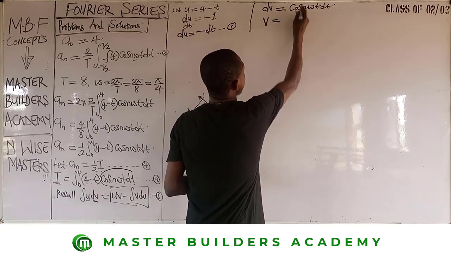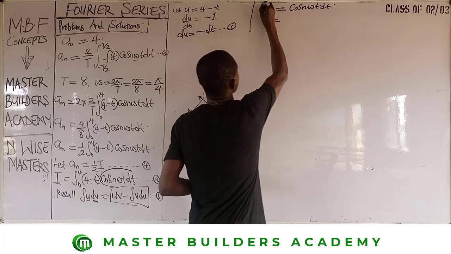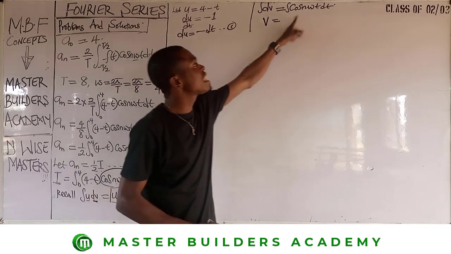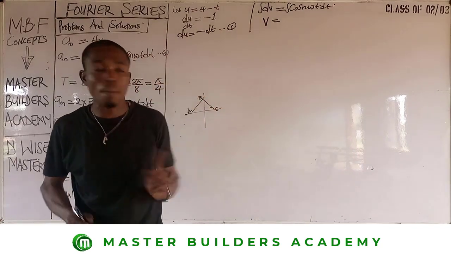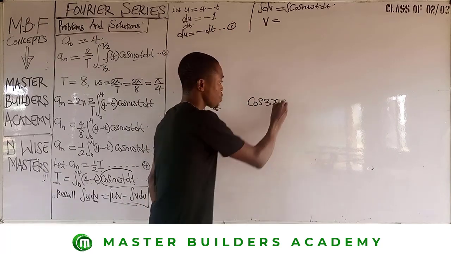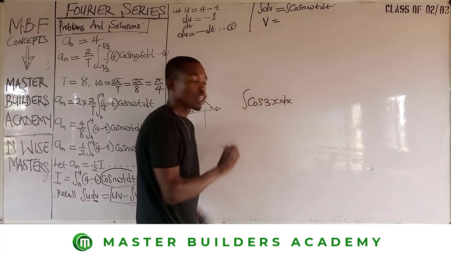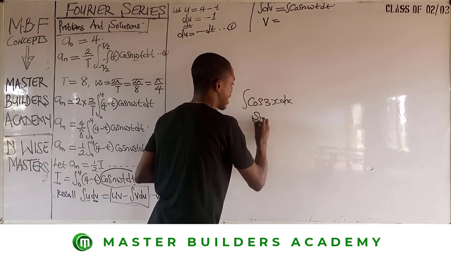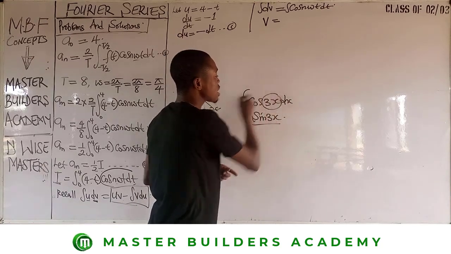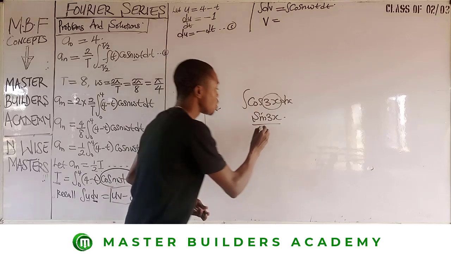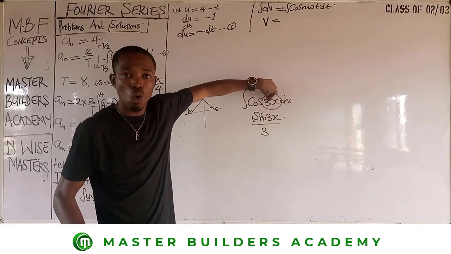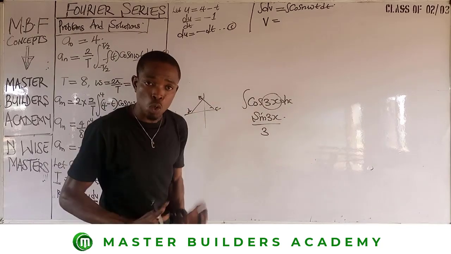And if you integrate this guy here, let me just introduce the integration sign so that you won't have issues with it. So when you integrate cos n omega t, remember that if you integrate cos 3x with respect to x, your answer will give you what? Sine 3x all over, differentiate this 3x, what do you have? You're going to have 3. Since we are integrating with respect to x, you will differentiate the angle in front of the cosine term.